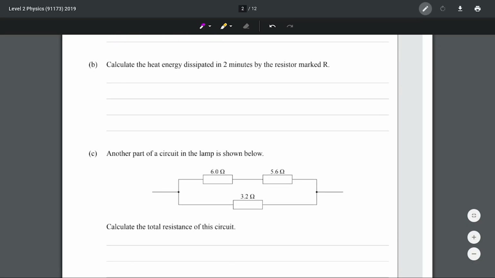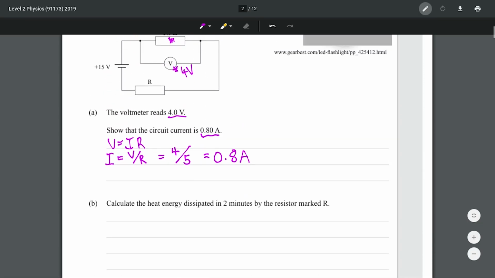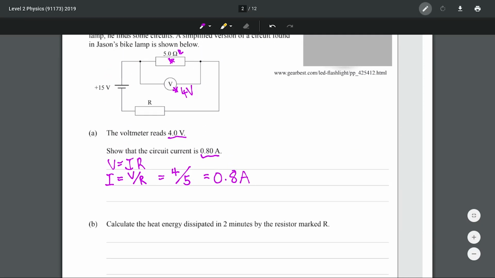Calculate the heat energy dissipated in 2 minutes by the resistor marked R. If we look at our circuit above, since we know that this resistor here is using 4 volts, then this resistor here must be using 11 volts. And so the voltage across this resistor must be 11 volts. And we know the current in the circuit because we just found it here.